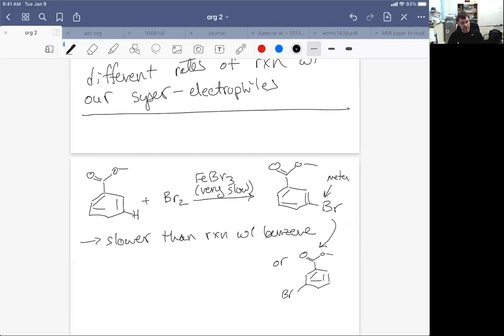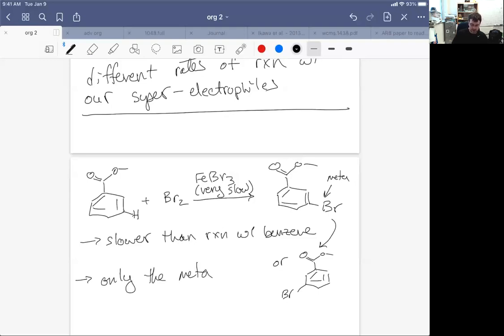Okay, so when we use this different benzene molecule that had, in this case, an ester, we don't have to worry about the ester name. It's just a different group, a different thing that's attached to our benzene ring. We get a different rate of reaction. It's slower than the reaction with benzene. Now, additionally, only the meta product was formed.